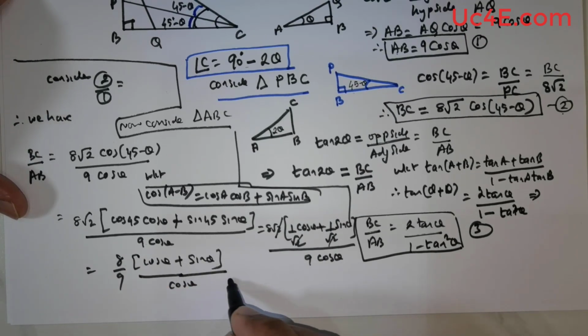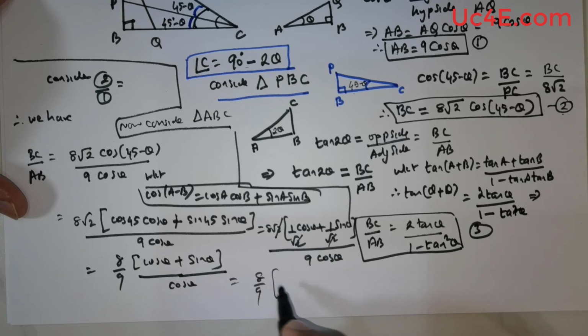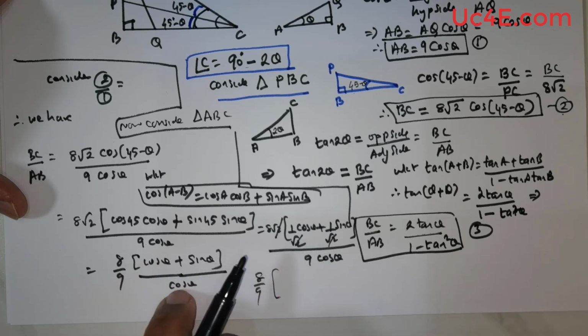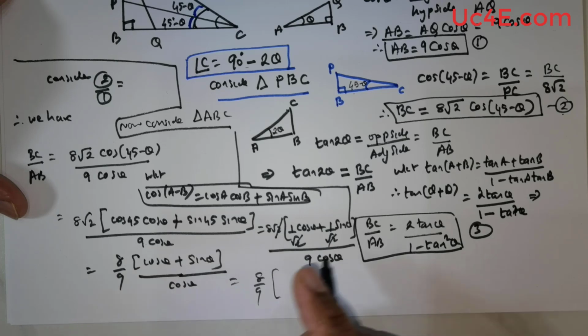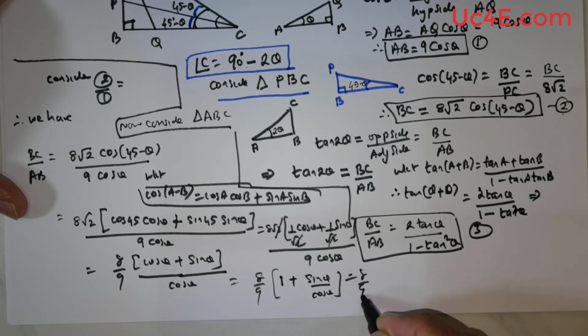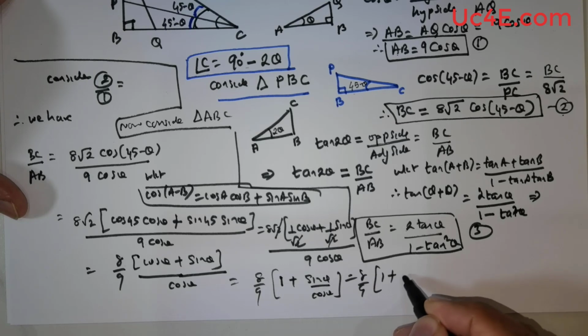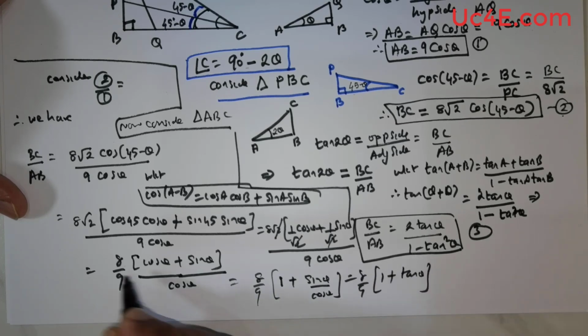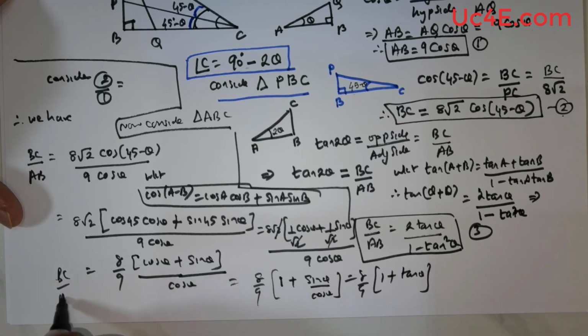Now I can rewrite this as 8 over 9. I am going to divide by cos theta. So this is cos theta over cos theta, which is 1, plus sin theta divided by cos theta, which is equal to 8 over 9 times 1 plus sin theta over cos theta, which is tan theta. This is nothing but BC divided by AB.